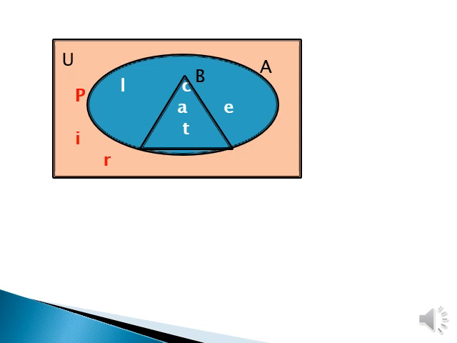So we have written all these letters in the oval shape. But again among these, C, A, T is present in B as well as in A. So in the triangle we have written C, A, T. So using this diagram you can understand B is a subset of A is a subset of U. Therefore we can say B is a subset of A is a subset of U together.